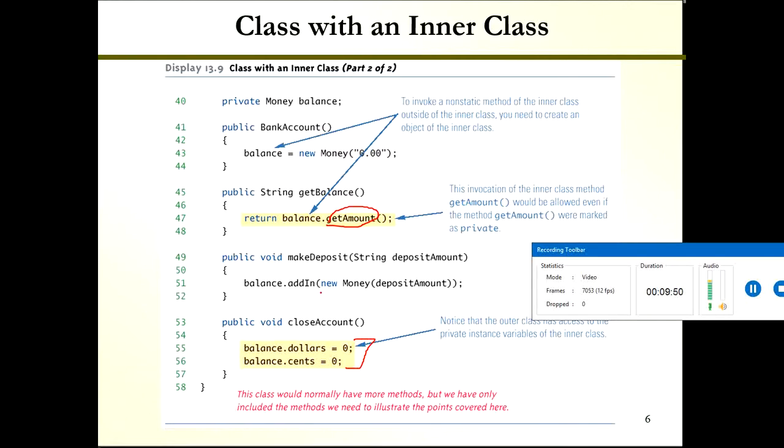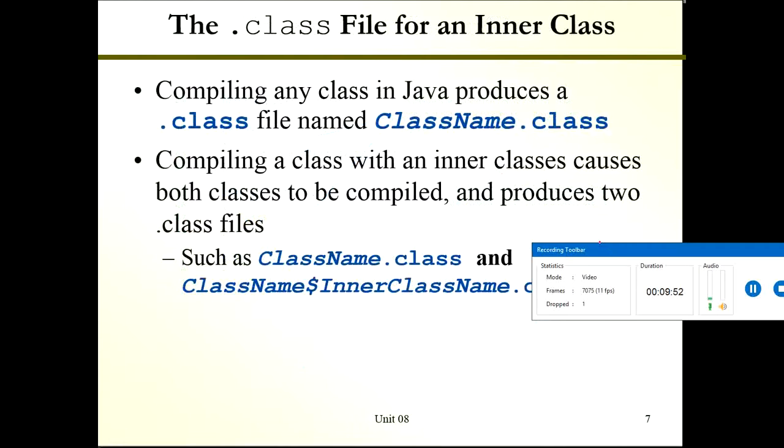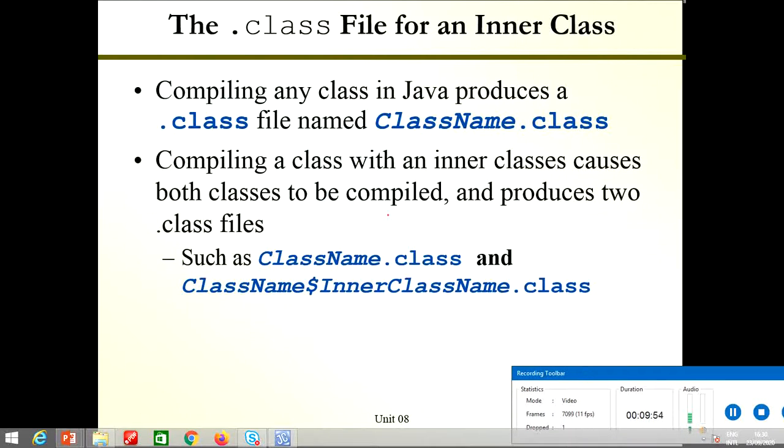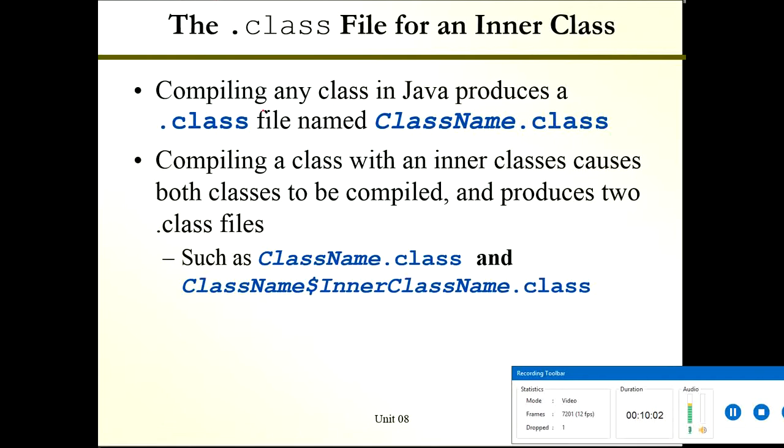Alright, going ahead, how do we compile the class? How should you give the name of the program? The name of the program will be the name of the outer class. When you compile any Java class, it produces a dot class file, whatever the class name is, dot class.